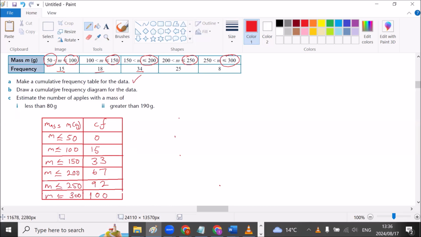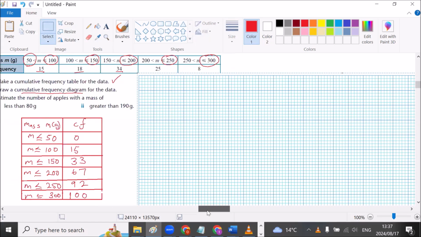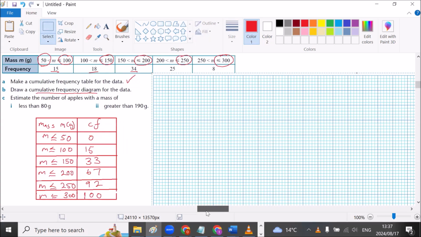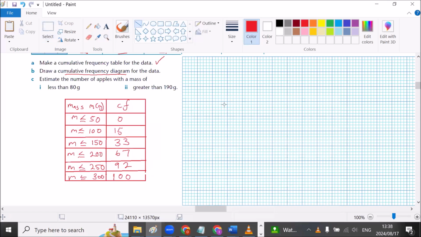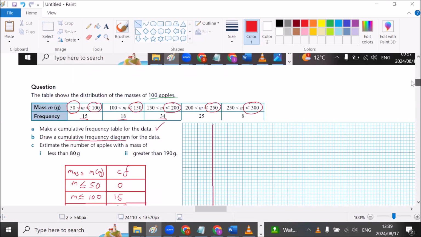Now we have to draw the cumulative frequency diagram, or the ogive. So we use our graph paper to draw the cumulative frequency diagram by plotting these points. On our cumulative frequency diagram, our cumulative frequency is always on the vertical axis.